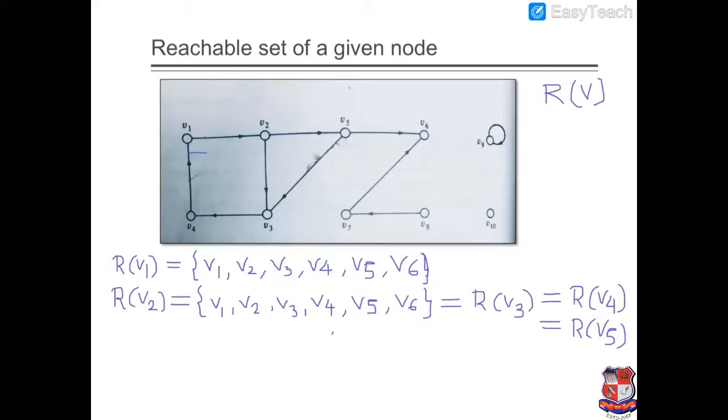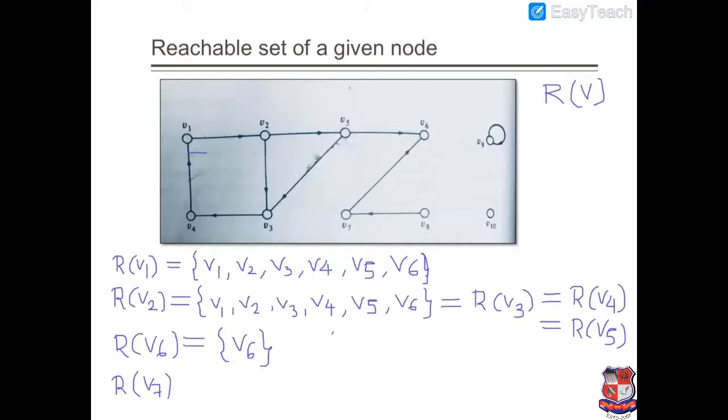Here V6 is not reachable to V1, V2, V3, V4, V5 as per the given graph. It is also not reachable to other vertices because of the opposite direction. Therefore, the reachable set of V6 is itself, vertex V6.